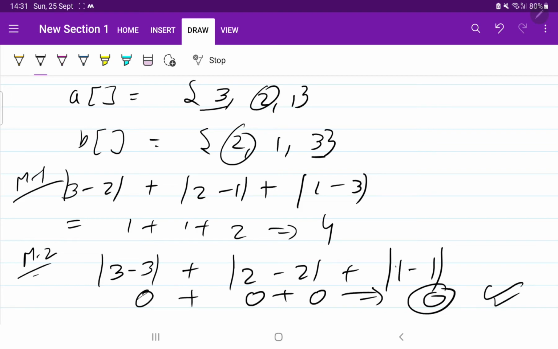What I observed is, if we have the same element in both arrays, then we can get the sum as 0. Here there was 3 and 3, 2 and 2, 1 and 1. So if the elements are common in both the arrays, then we can get 0.